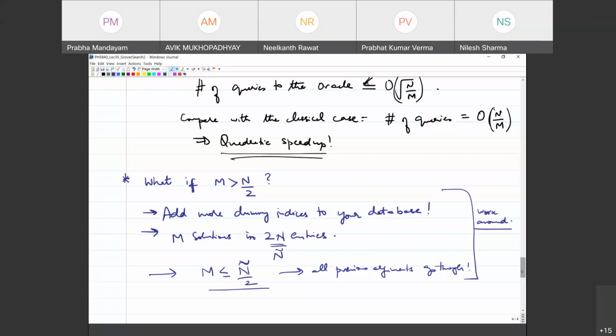But if you want to improve your chances of getting a solution, this is one way of doing it: just add dummy indices, query order root n times, and then you will enhance your chances. You will not be close to pi by 4, but you'll be much closer to beta. So rather than probability half, you will have a much higher probability of getting a solution state.